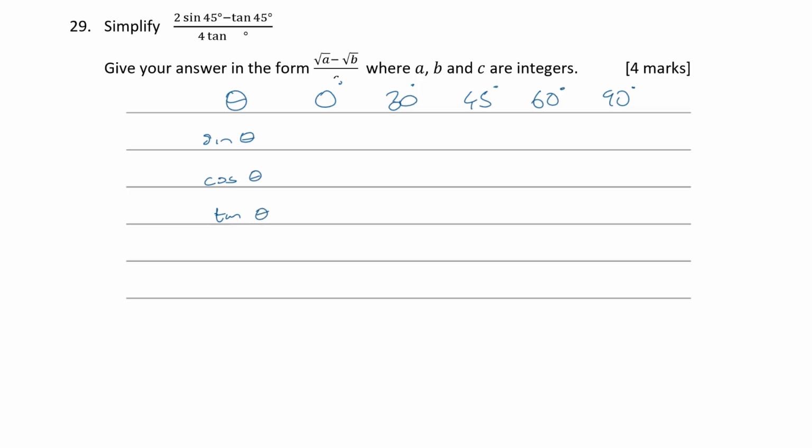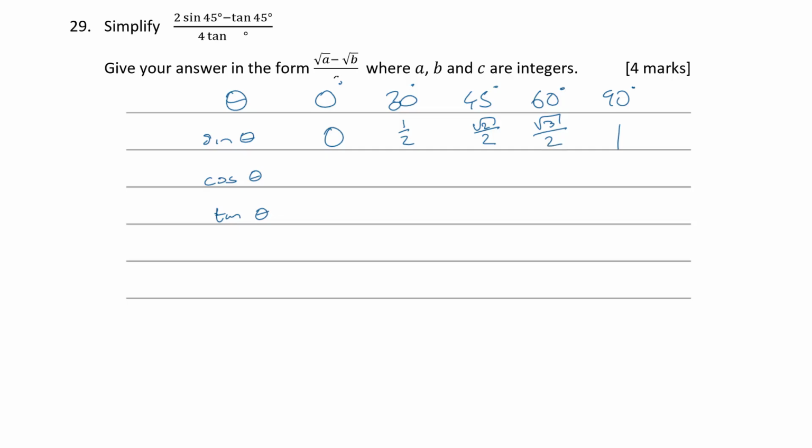Now, the first and last are easy. The sine of 0 is 0, the sine of 90 is 1. Most people don't have too much trouble remembering that the sine of 30 is a half. So that leaves us the sine of 45 and 60 that we need to remember in surd form. 45 is root 2 over 2. And 60 is root 3 over 2.